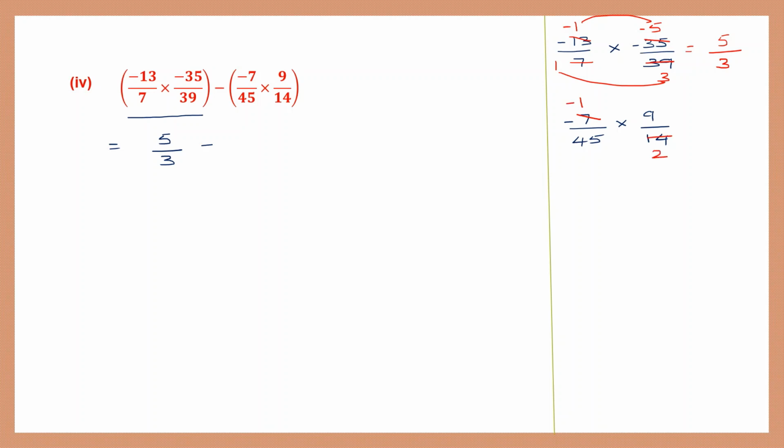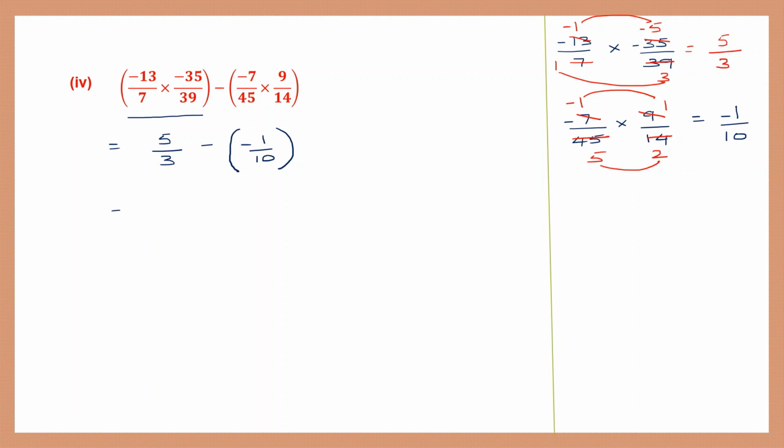We can cancel 9 and 45. 9 ones are 9, 9 fives are 45. So let's multiply the numerators and the denominators. So in the numerator, we have minus 1 into 1 will be minus 1. Denominator 5 into 2 is 10. So what do we have? Minus 1 by 10. So let's put that in brackets here. Minus 1 by 10.